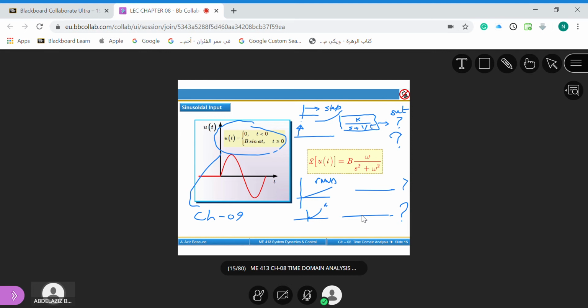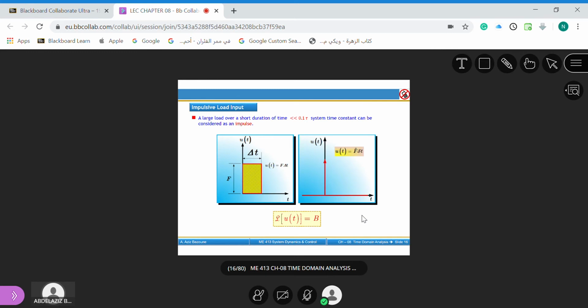And for each of these, we will see what will be the output. So this is what we are going to see. With impulsive load also, we can see the impulsive load. For the impulse, we are given the Laplace transform of the input for the pulse is B.